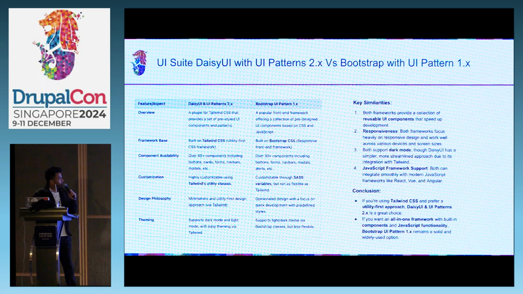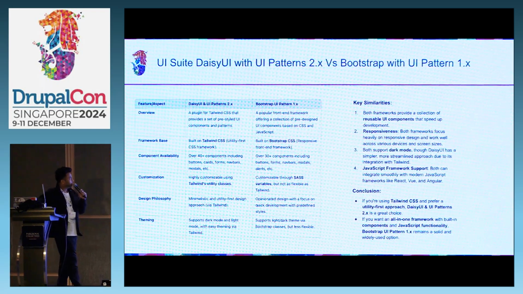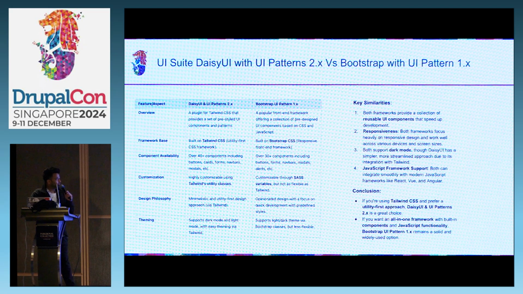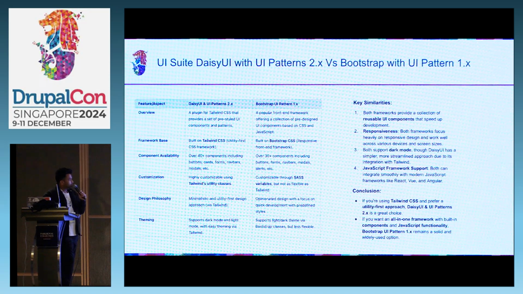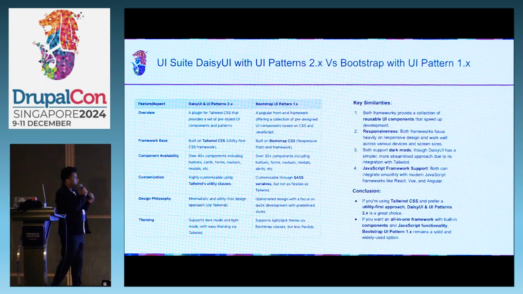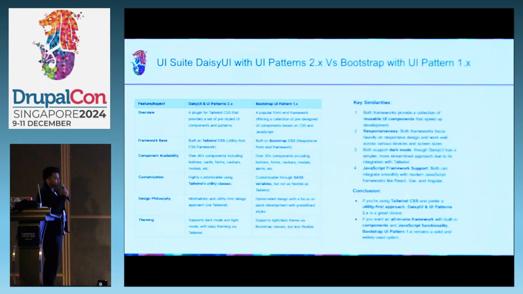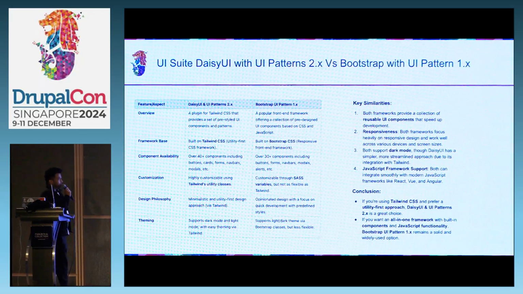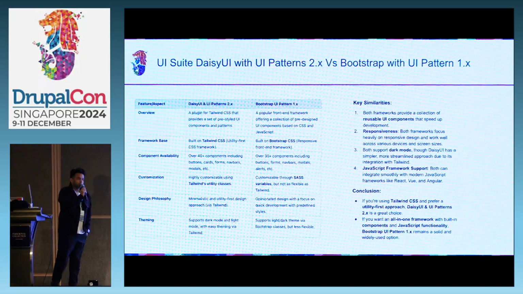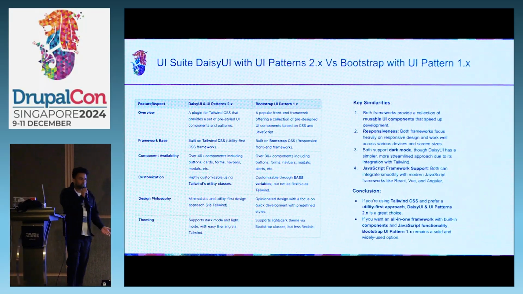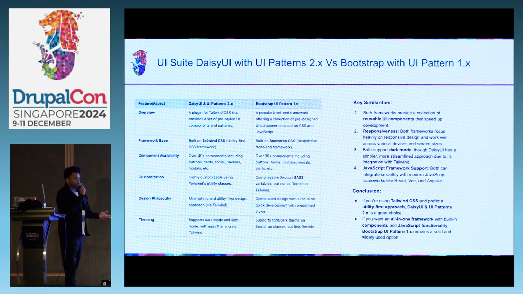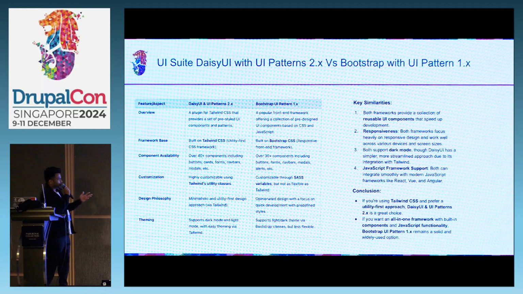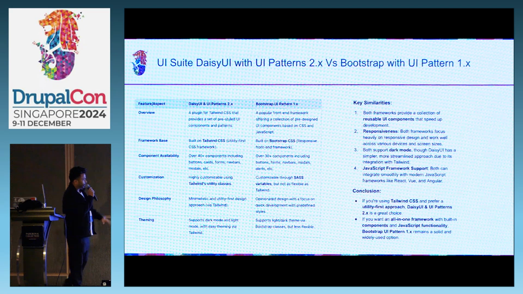Now we'll also touch base on UI Suite, DaisyUI and Bootstrap, which are the most used suites in UI Patterns. If you see, DaisyUI uses Tailwind CSS, right? If you don't know about Tailwind, it's just predefined classes you can use in your HTML, and you need not write the CSS, because those classes eventually have the CSS which ships with Tailwind.